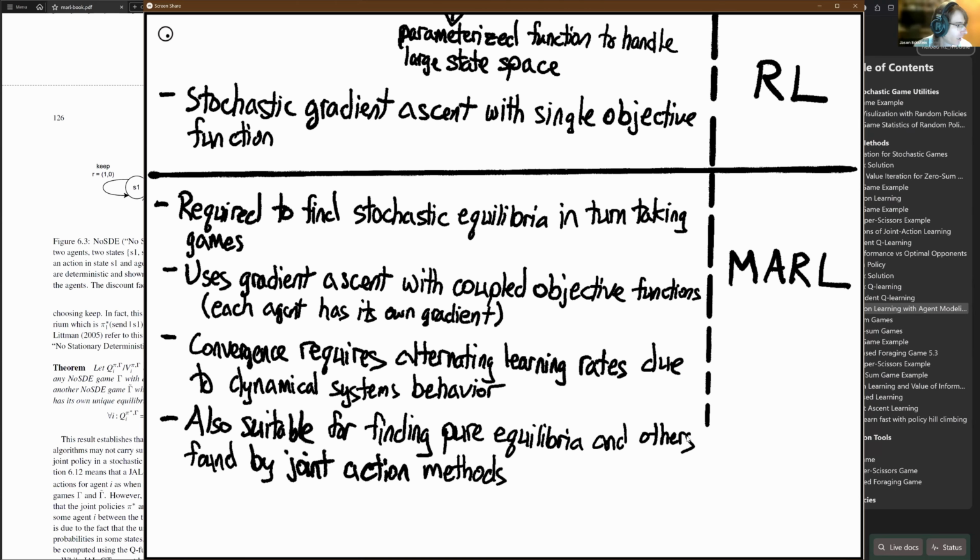We actually need to alternate learning rates and change the learning rate on a per step basis in order to converge to something. But we can use these policy techniques to find all the equilibria that we found with the other techniques, plus we can find stochastic equilibria in cases that we couldn't with the joint action learning methods.